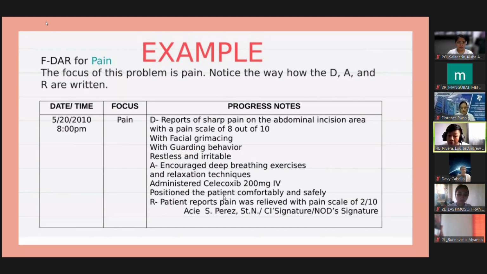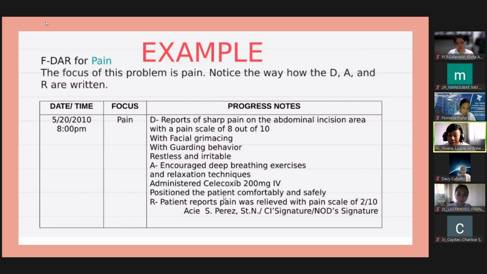Usually kung mag-FDAR tayo, itong R, late na natin ito masulatan because in order to write a response, dapat meron ring change of behavior yung patient. So for example, may pain si patient sa very beginning and then hindi pa yan na-solve.